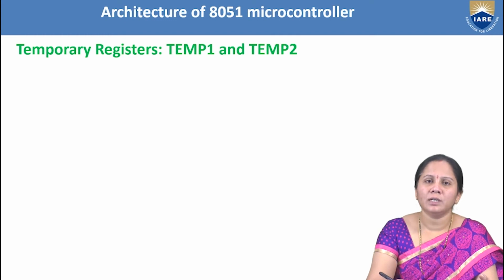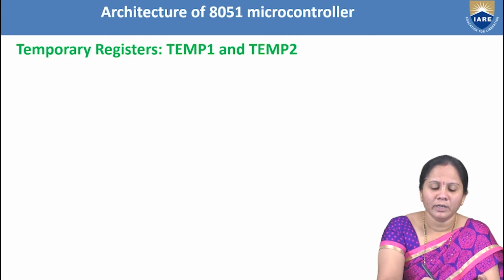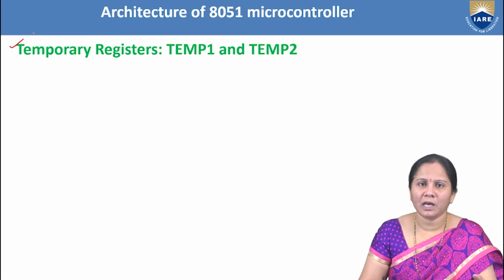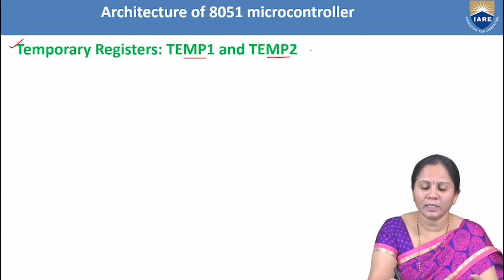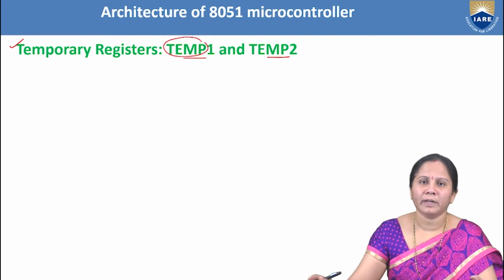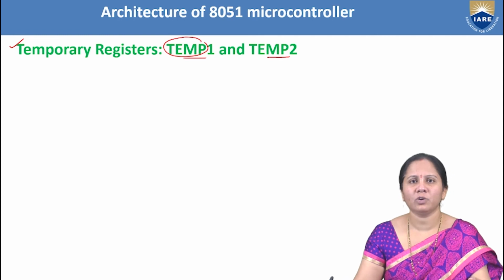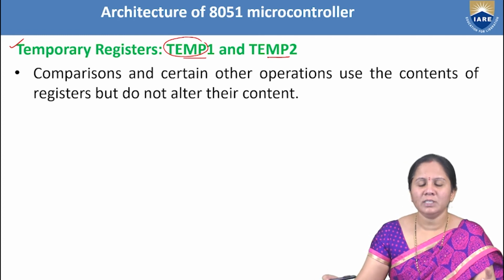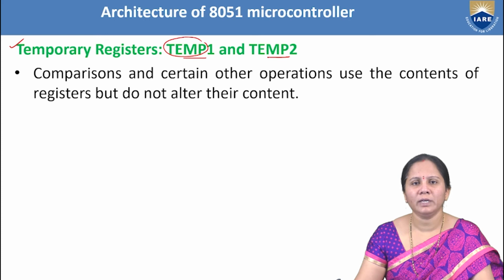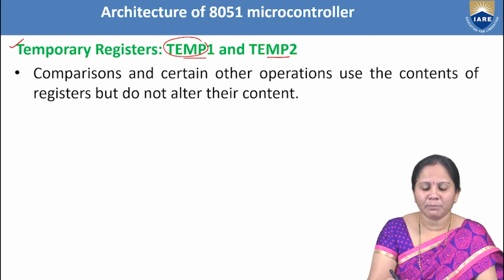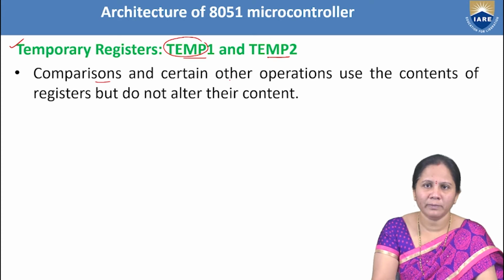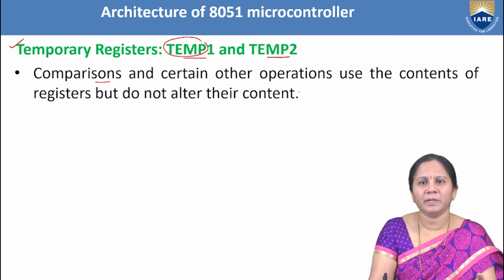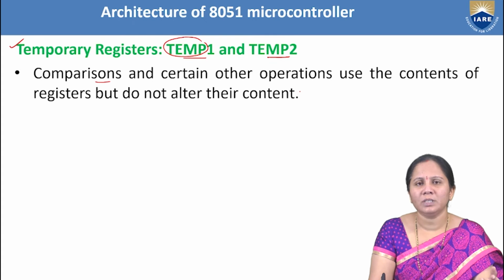Along with those registers, we have two temporary registers in the architecture, that is TEMP1 and TEMP2. TEMP stands for temporary. These temporary registers are used to store data temporarily. For example, if you are performing a comparison operation, generally we will not store the result anywhere.